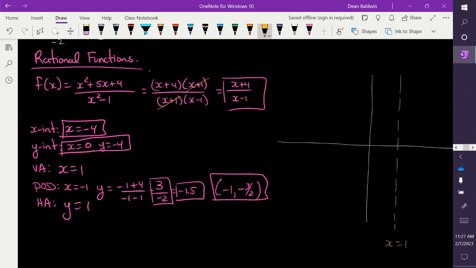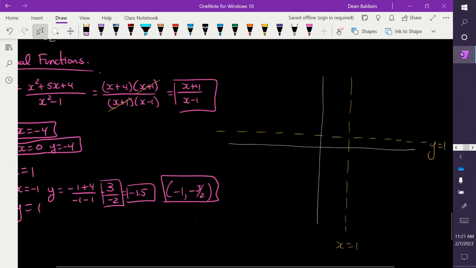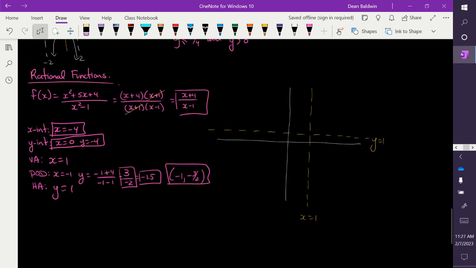Horizontal asymptote, 1. What else? X-intercept is negative 4. Negative 4 is here. That's our x-intercept, so we know we go to that point.